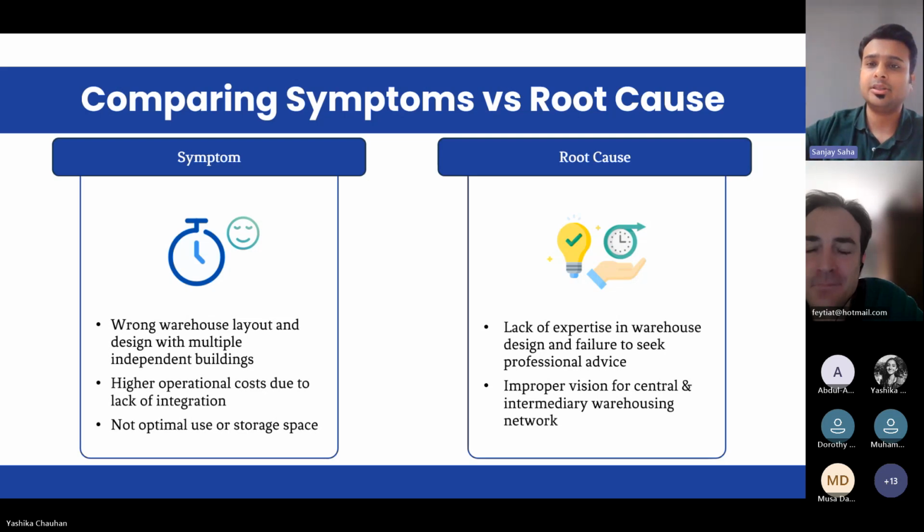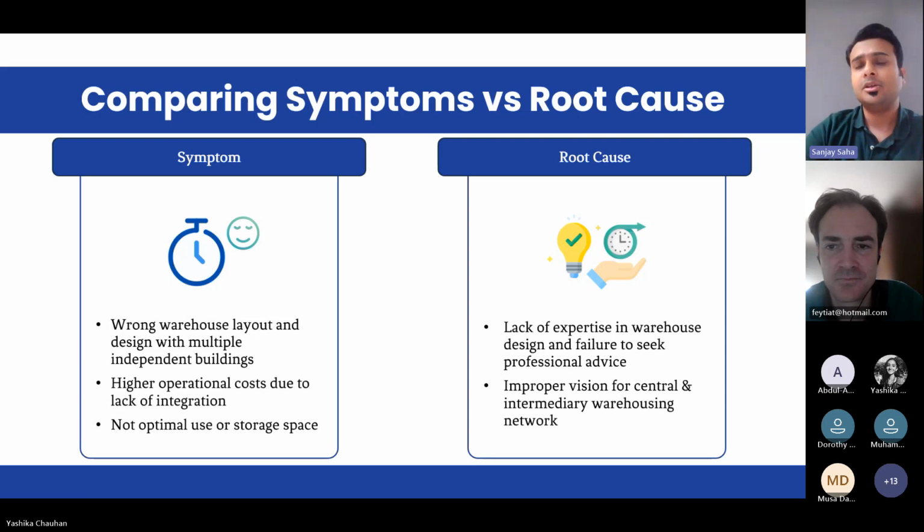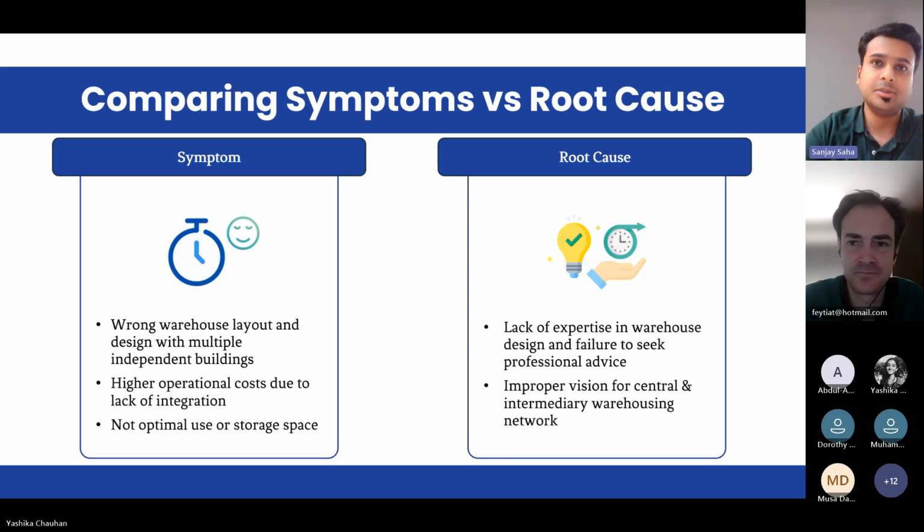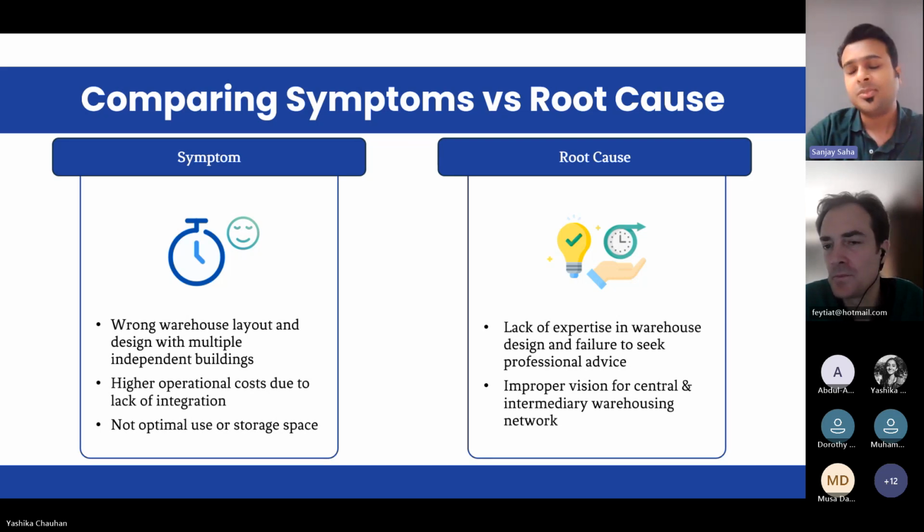So if you miss a certain step, then you may have to come around again and you waste time. So that's why writing it very precisely using the right terms and right words is very important. Again, some symptoms can be consequences, some may just only be symptoms and they are not consequences. Okay, so it's better to write them in the fashion of a symptom rather than a consequence.